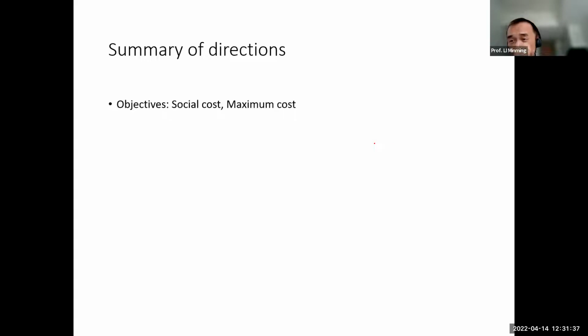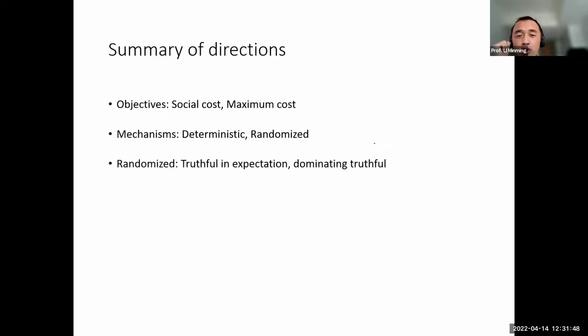That's a brief summary of what we have now. We have an objective: the social objective is either social cost or max cost. For mechanisms, we can have deterministic mechanisms and also randomized mechanisms. Later on, we'll show that for randomized mechanisms you can have truthful-in-expectation mechanisms and also universally truthful mechanisms, and there is some difference between these two.